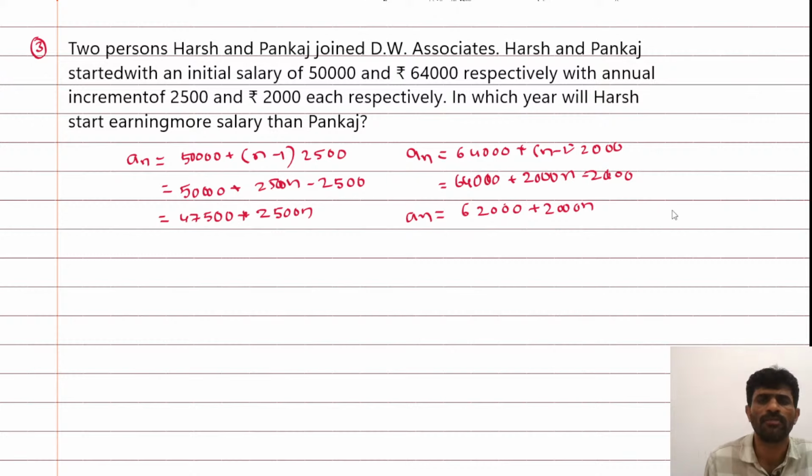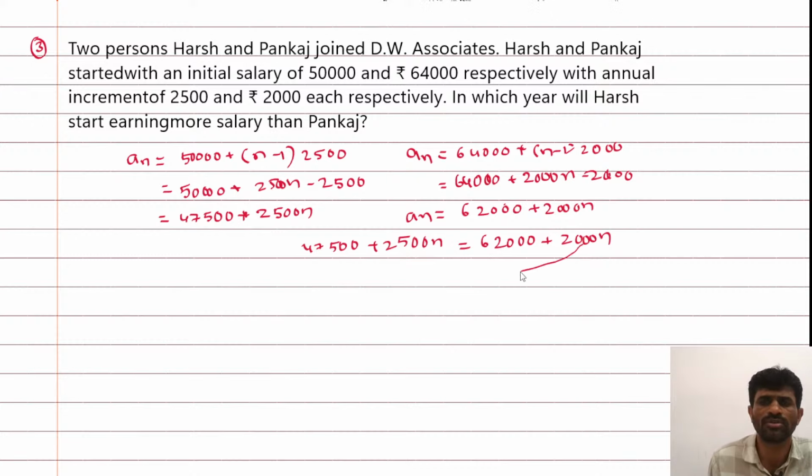What you have to do? We will equate these two first. When you equate these two, what we get? 47,500 plus 2,500 n is equal to 62,000 plus 2,000 n.